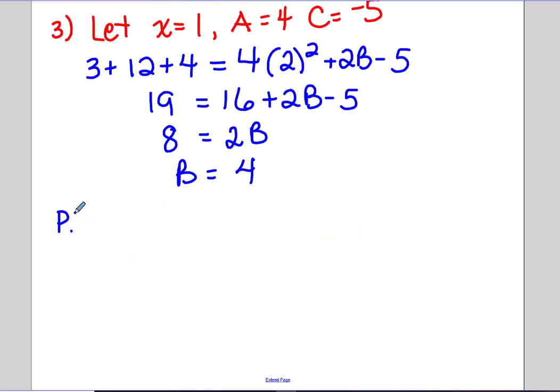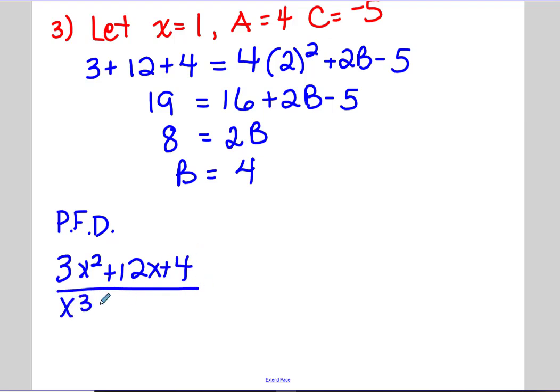And then our partial fraction decomposition to get that 3x squared plus 12x plus 4 over that cubic, 2x squared plus x, would need A is 4, and B, what was B?